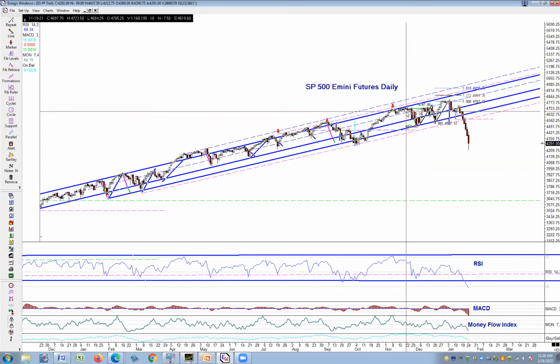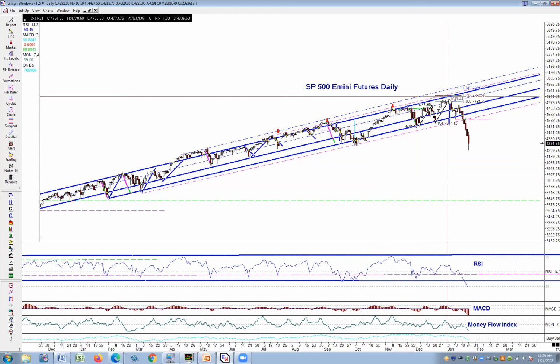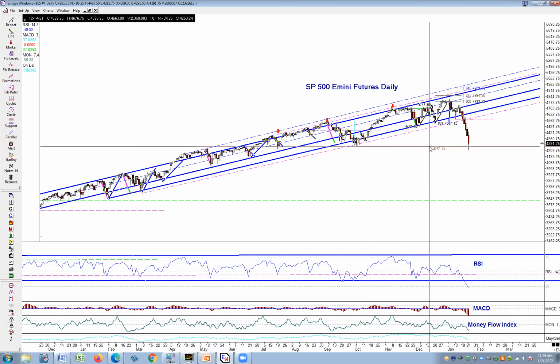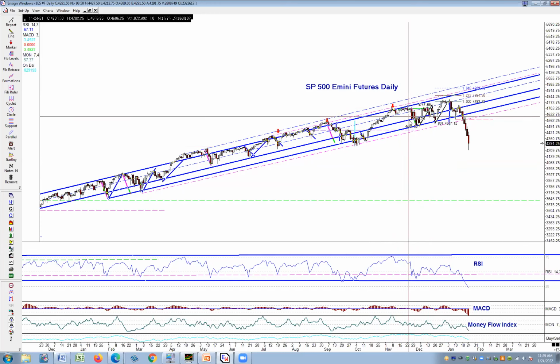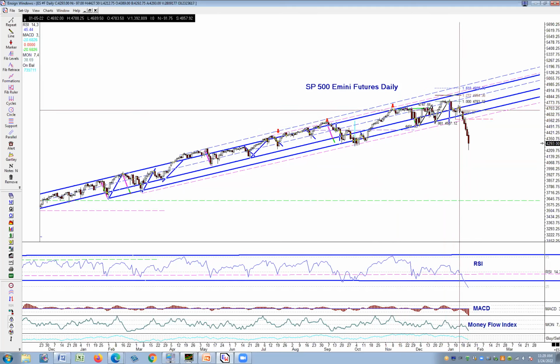So over here, this is our butterfly pattern. I'm going to show you on a 60-minute chart. I'm going to draw it in for you so that you can see how I did that. And right now, this lower trend line is what I said in our weekly market setup: this test up here, this lower trend line had been broken. Some support was found here.